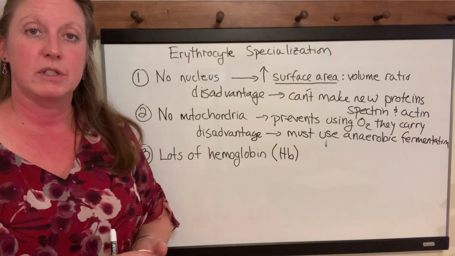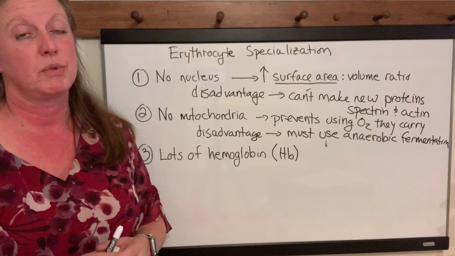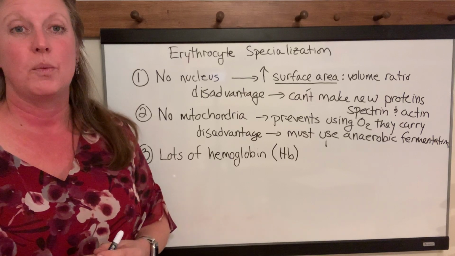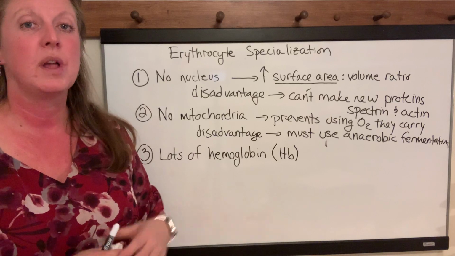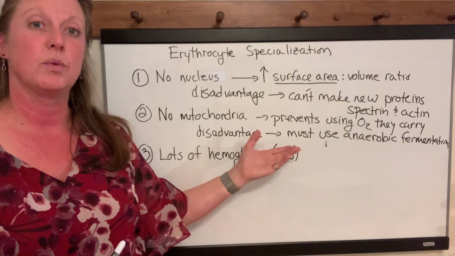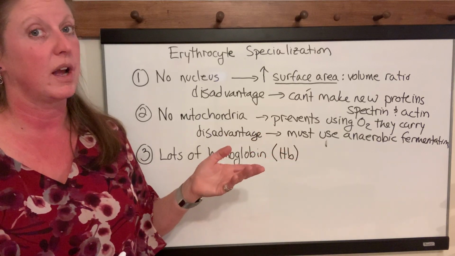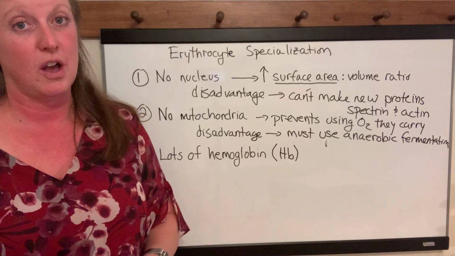And anaerobic fermentation, if you recall from the first semester of A&P, always results in the production of lactic acid, which, when that builds up, becomes toxic to cells and tissues. So this presents us with a situation where we have to deal with the consequences of having no mitochondria, but having no mitochondria is essential to the function of the red blood cell.